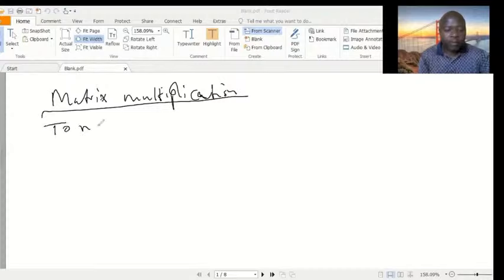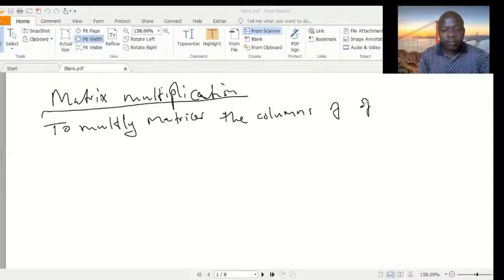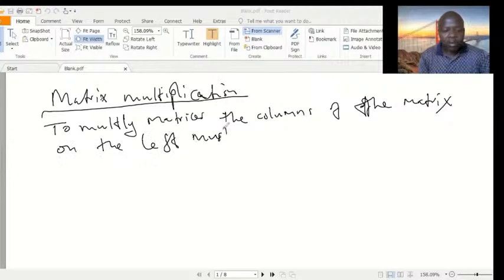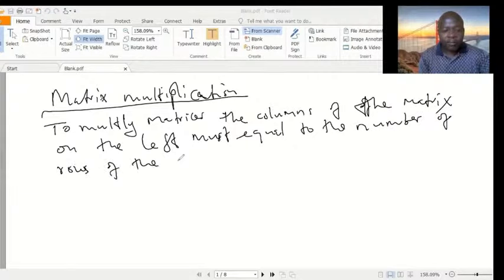To multiply matrices, the number of columns of the matrix on the left must be equal to the number of rows of the matrix on the right.